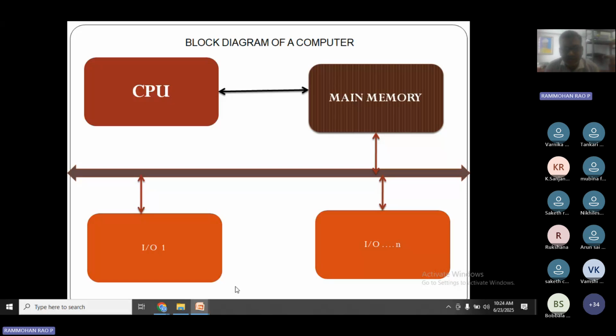Since CPU is a pure electronic device and operates at a very high speed, if CPU starts interacting with all these IO devices, its performance will be affected, because all these IO devices are very slow when compared to CPU.